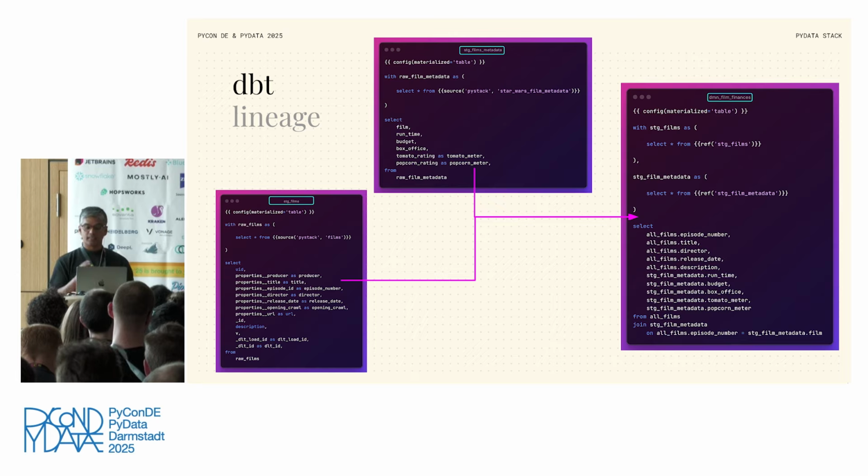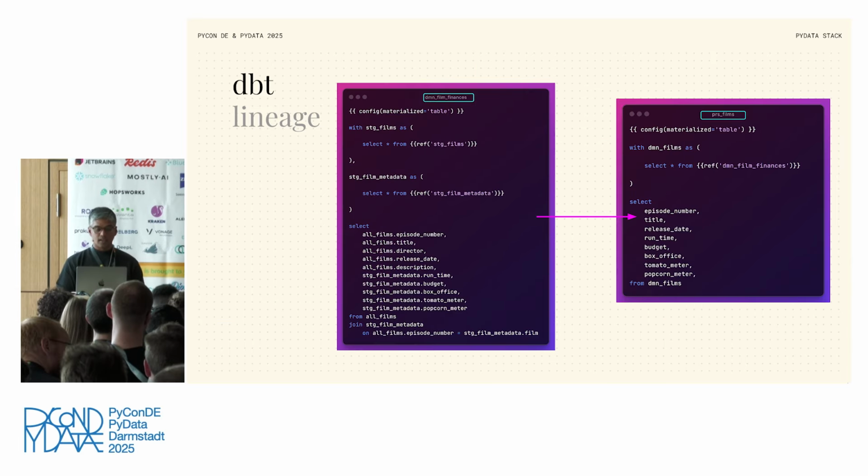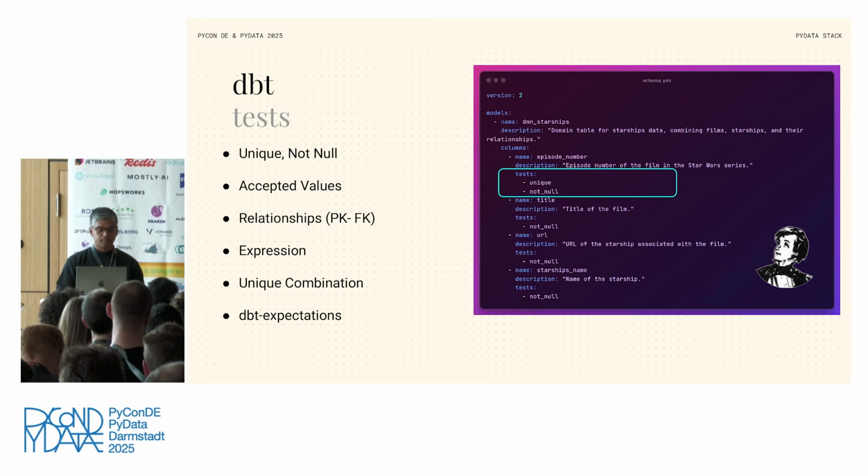And so you can see here the domain film finances is selecting from stage films metadata and stage films, and then the presentation films is selecting from the domain film finances. This is a slightly contrived example, and so the transformation is very light, but you can do very complex transformations using DBT. Anything you can do in SQL, you can do in DBT.